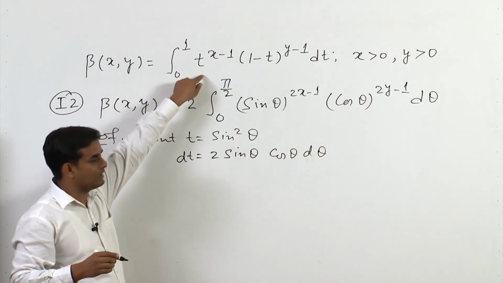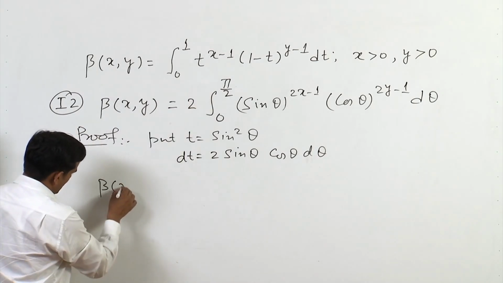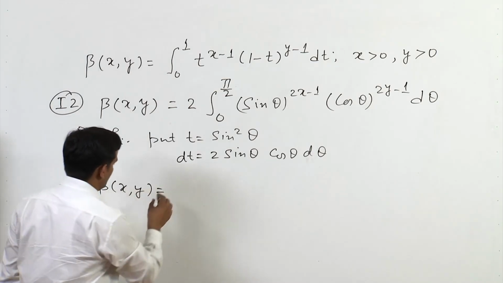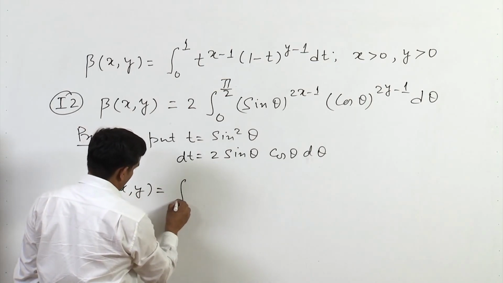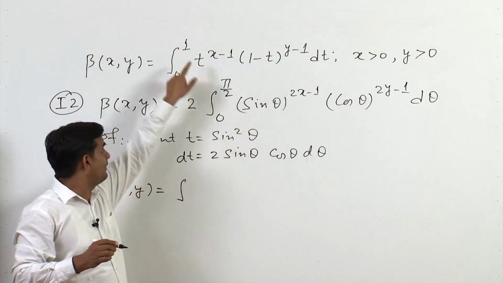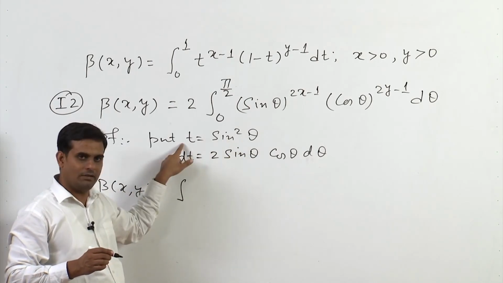Now, substitute all these values in the definition of the beta function. So, beta of x, y will become, when t is 0, theta will be 0, and when t is 1, sin square theta equals 1, so sin theta will be 1.